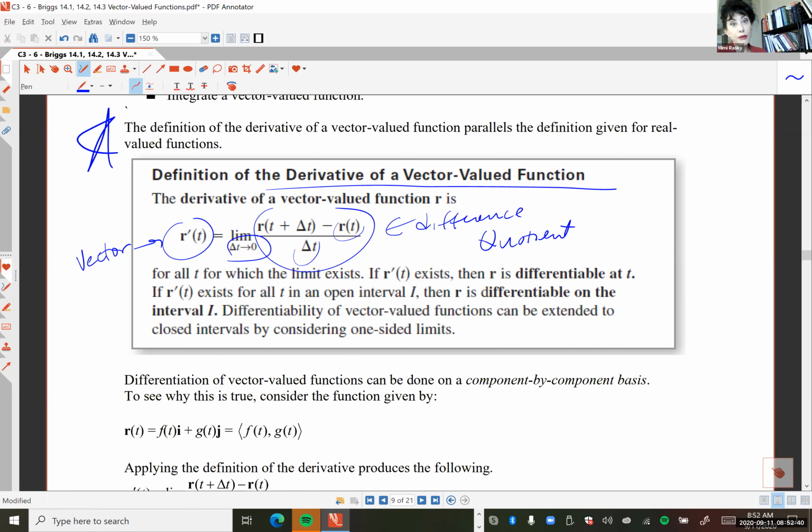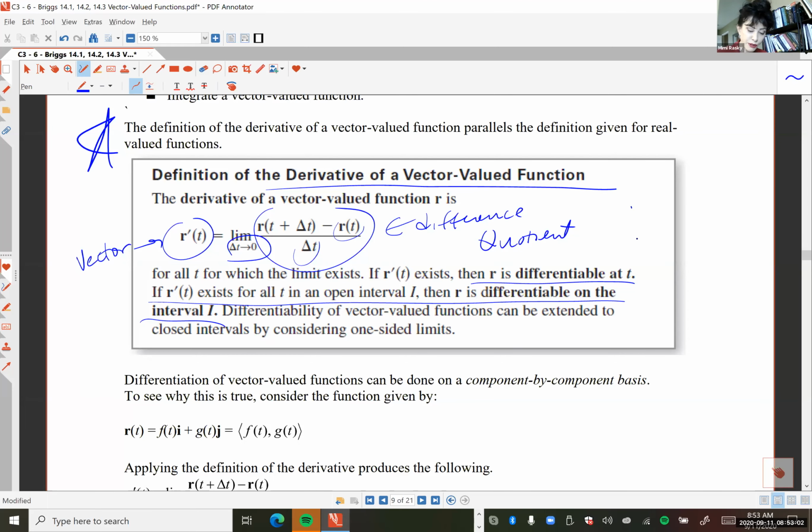Now, if your r prime of t exists, that means your vector valued function is indeed differentiable. And if it exists for all time in a certain interval, then it's differentiable on that interval. If it's not differentiable, that will mean something about the way the curve looks. You saw this in Calc 1.